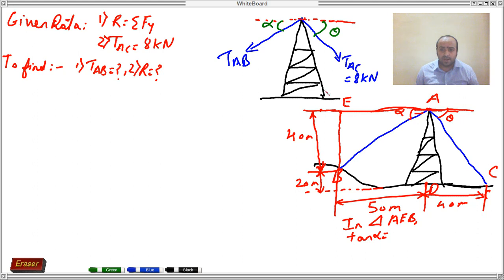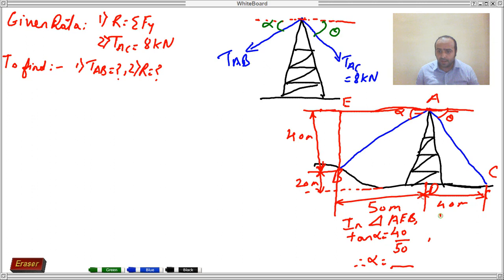So opposite side is nothing but BE, that is 40, and adjacent side is AE, that is 50. So once you do the calculation, tan inverse of 40 by 50, you will be getting alpha.